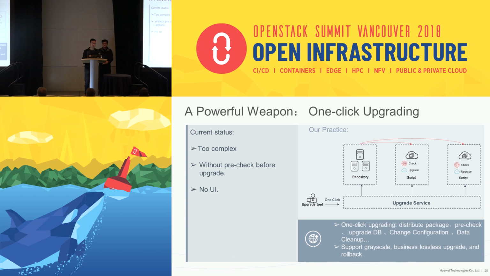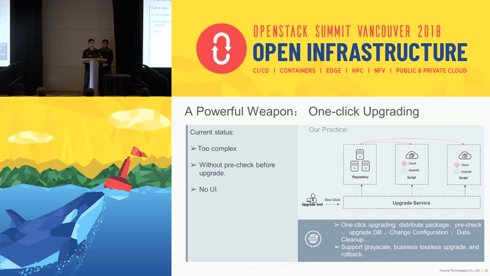The complexity of upgrading an OpenStack deployment has become the pain point for a lot of operators for quite a long time. This is because there are many components, and when upgrading, the operators face a high technical threshold and cannot complete it quickly.